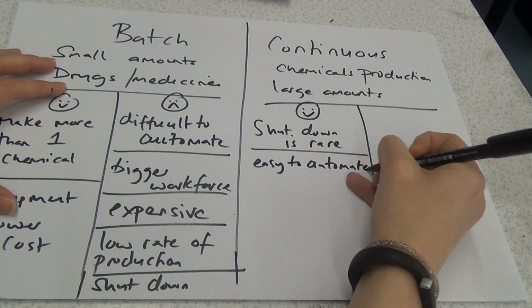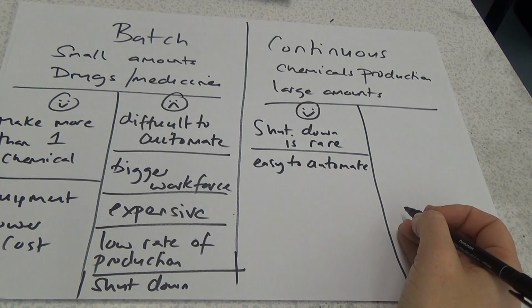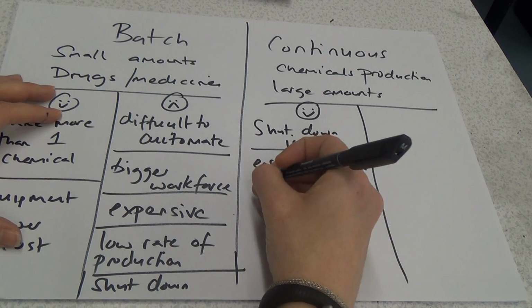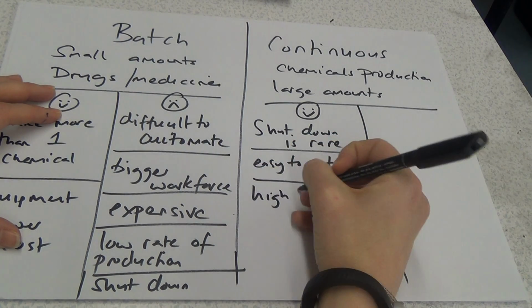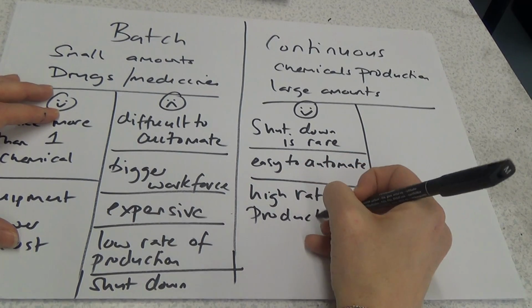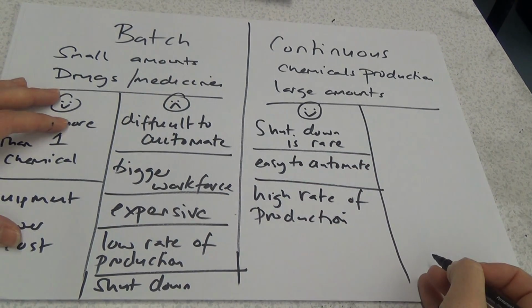You can use computers, you can use machinery. That is obviously a good thing because you have a lower workforce, so you don't have to pay as many people in your industry. Another good thing is that the rate of production of your chemical is very, very high. So it has a high production rate.